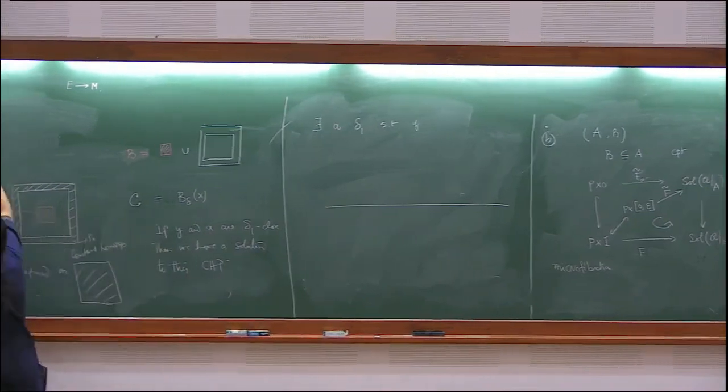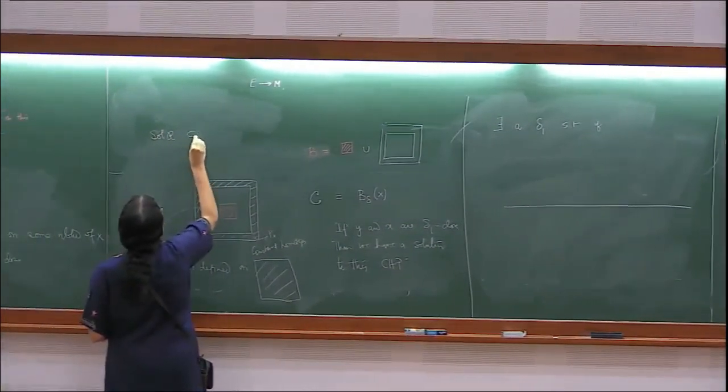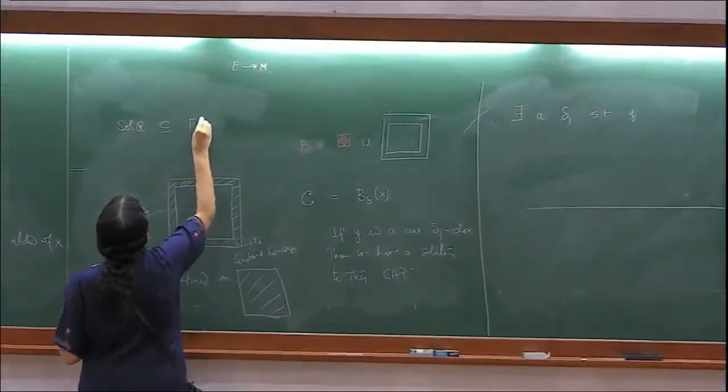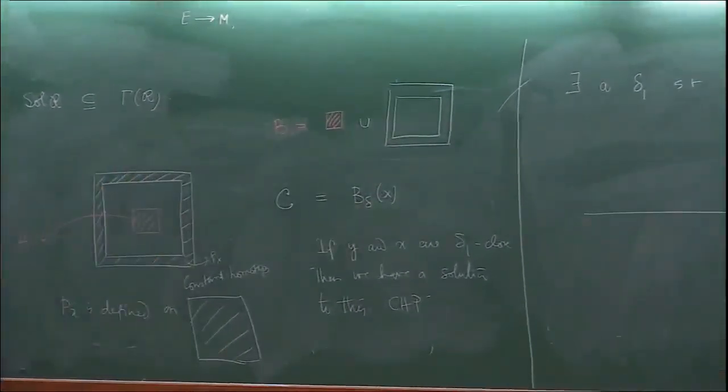Solution space of R is contained in the gamma R, right? So when I am considering the lifting, of course, I am always in the space of solutions of R. So you have a function whose jet is inside R. So I just consider the jet map. What I am trying to say is that for R, the microfibration property is clear.